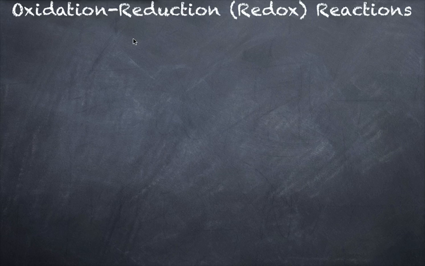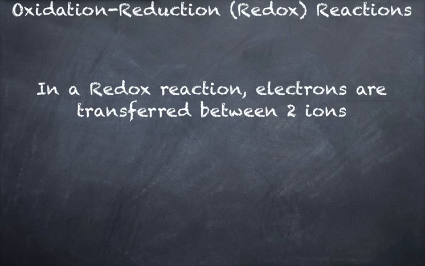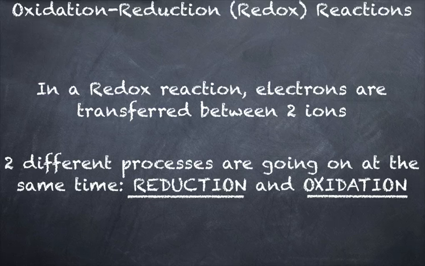This is the third type of reaction, and the third type of reaction is when an electron is transferred between two ions. So an electron is stolen or donated between two ions, and that's called a redox or an oxidation reduction reaction. So there's two processes going on at the same time.